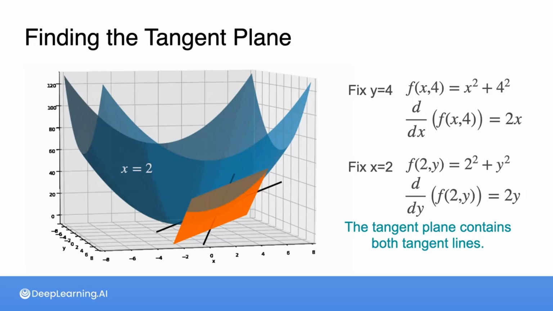And when we fixed x equals 2, we sliced the space in the other direction. So now you get the function f of 2, y, which is 2 squared plus y squared, by replacing x equals 2, and you can differentiate that with respect to y. You get 2y. Now, if these calculations seem confusing, don't worry. We're going to elaborate on them a little more over the next few videos.